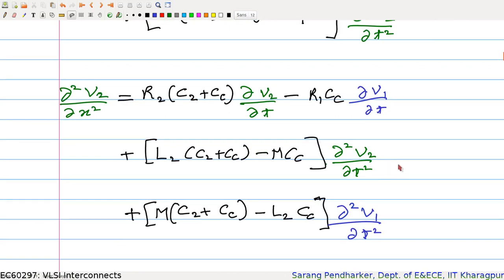And note that this is just the case of two interconnects. When you have more coupled interconnects, suppose you have say 4 or 5 interconnects, and each interconnect out of those 5 is coupled to 3 others, then it becomes even more difficult to handle this problem.